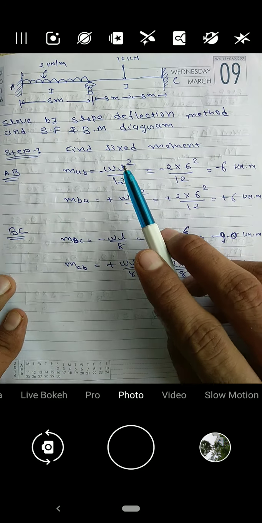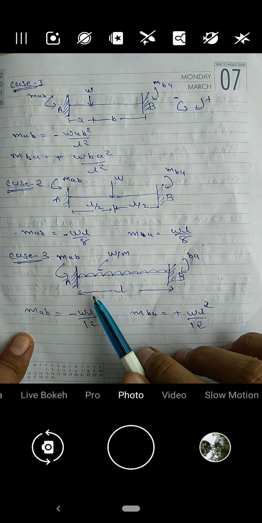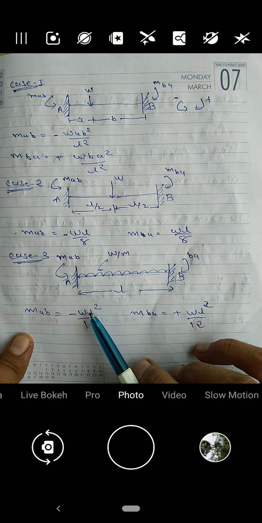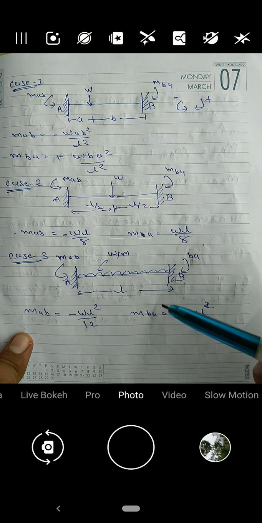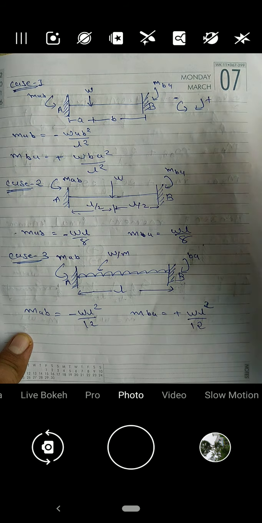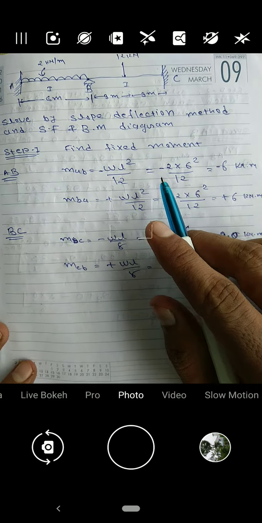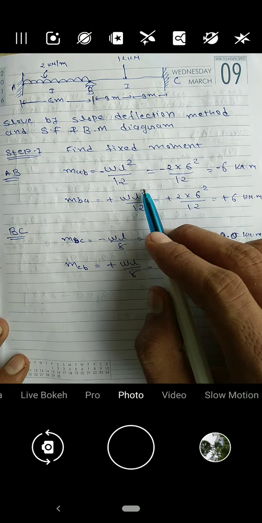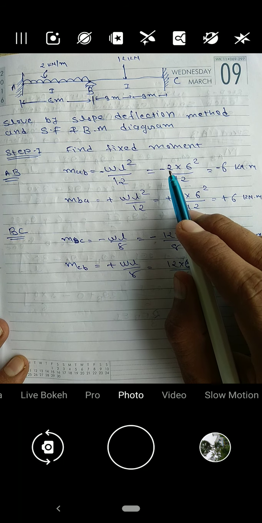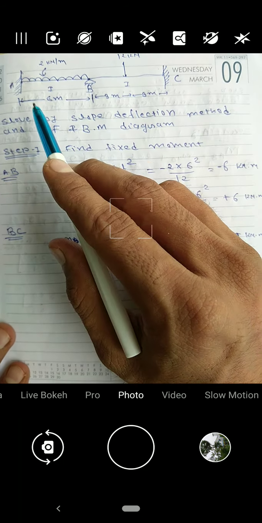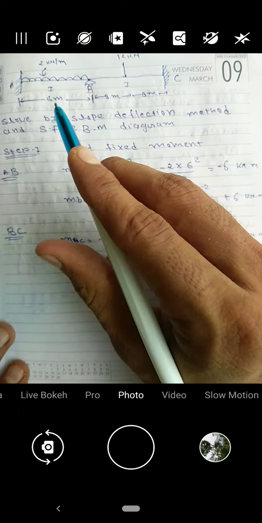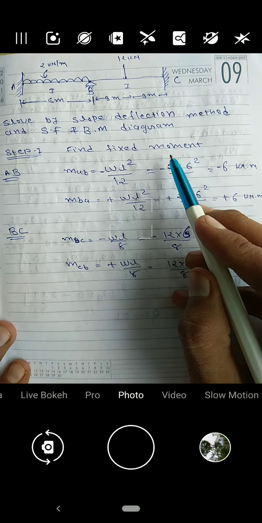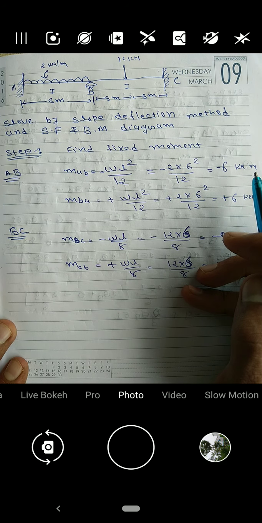So we already discussed that when the UDL is applied, the fixed end moment at the anti-clockwise end is minus WL square by 12, and at the clockwise end is plus WL square by 12. A similar equation will be applied here: WL square by 12 is equal to minus 2 into 6 square by 12. You can see here the 2 kN is the load applied and 6 is the distance. So we calculate it as minus 6 kN per meter.